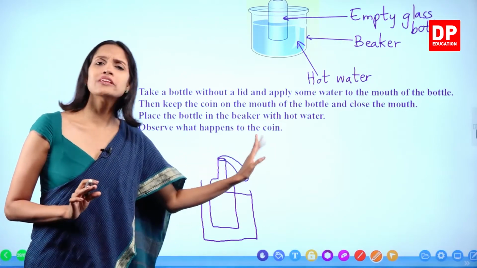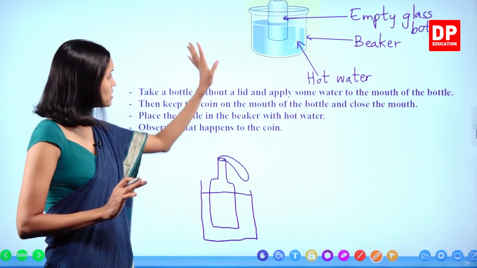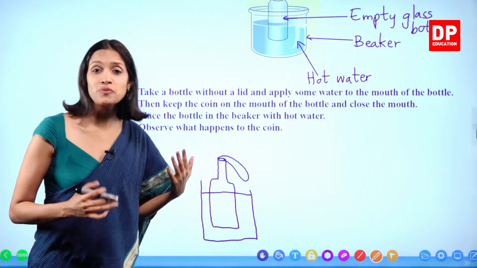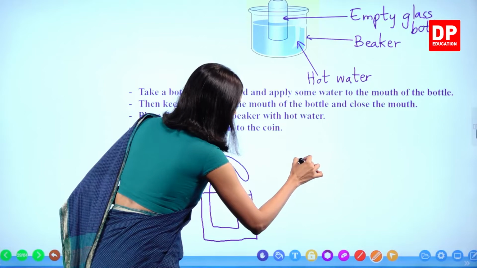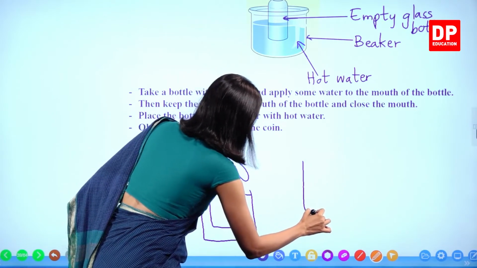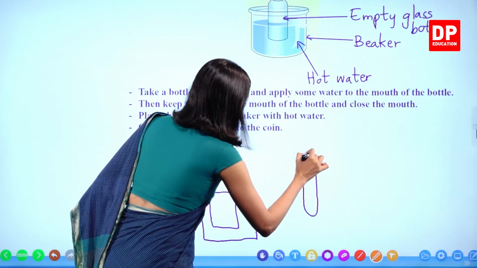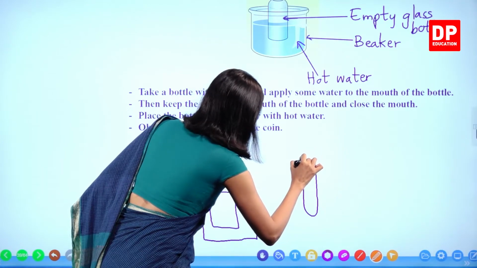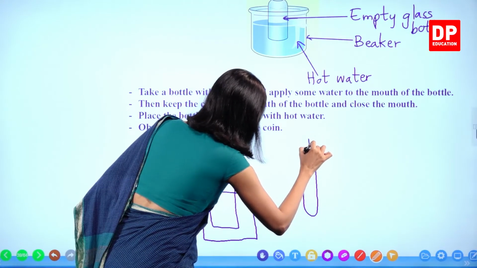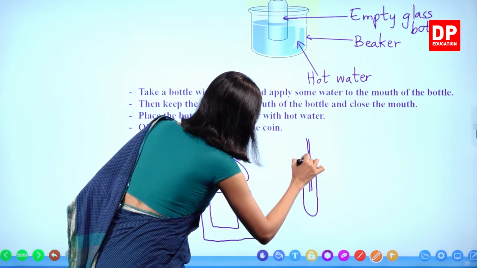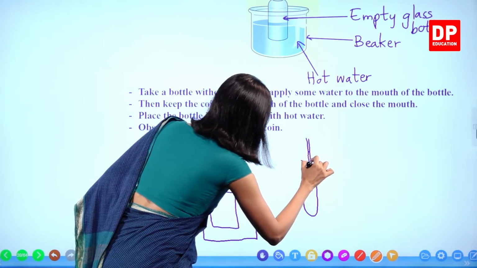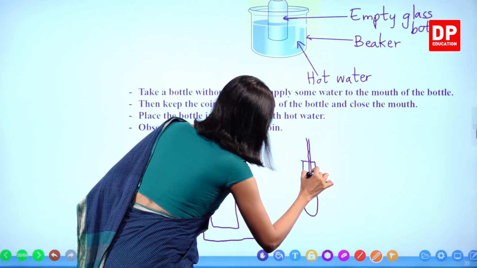Do you remember the third activity we did to prove that air expands when heat is provided? There we connected an empty pen tube to an empty test tube like this. This is the empty pen tube. This is the empty test tube, and we connected it using a rubber cork.